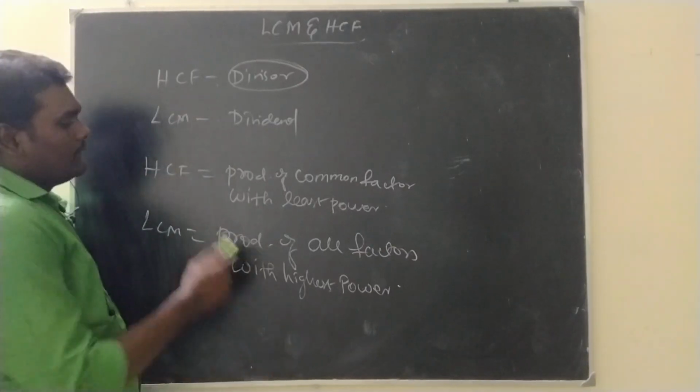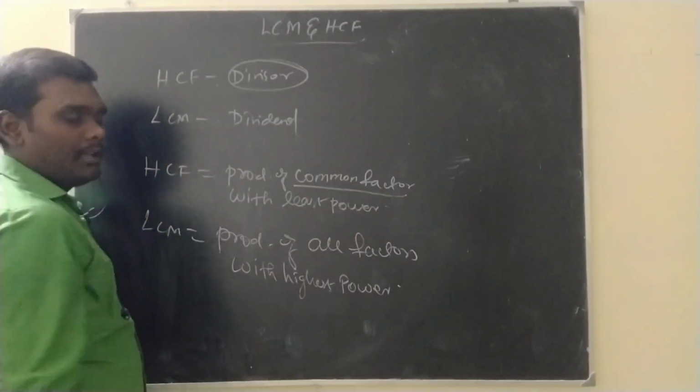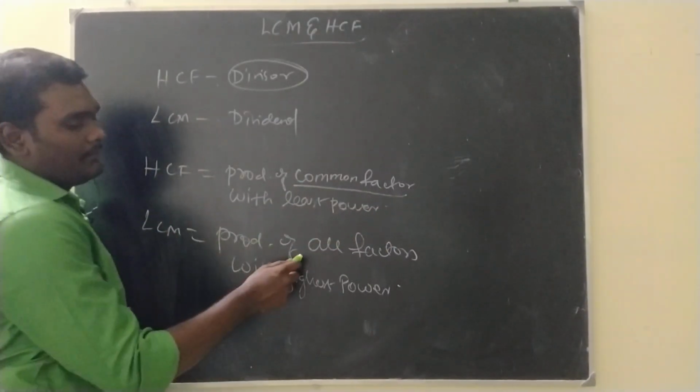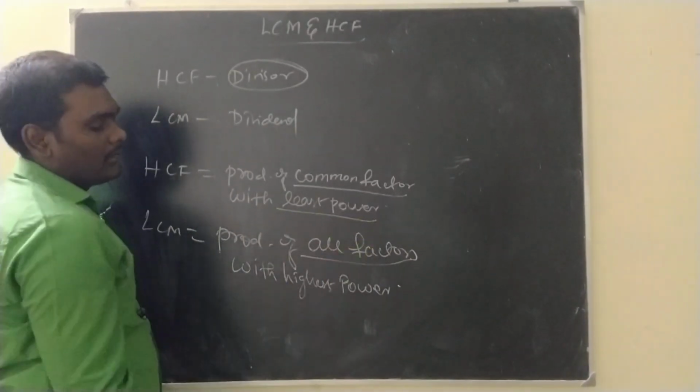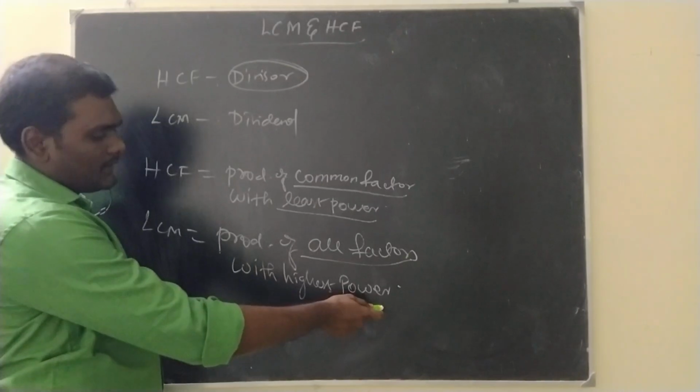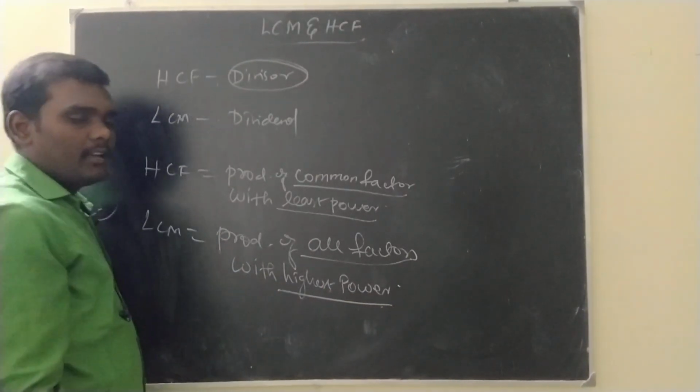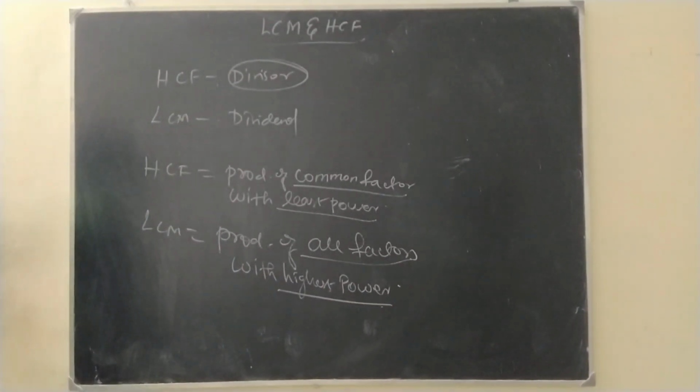In HCF, common factors only we should take, for LCM all factors we should take. Also in HCF the least power we take, and for LCM the highest power. That is the difference. This is the summary.